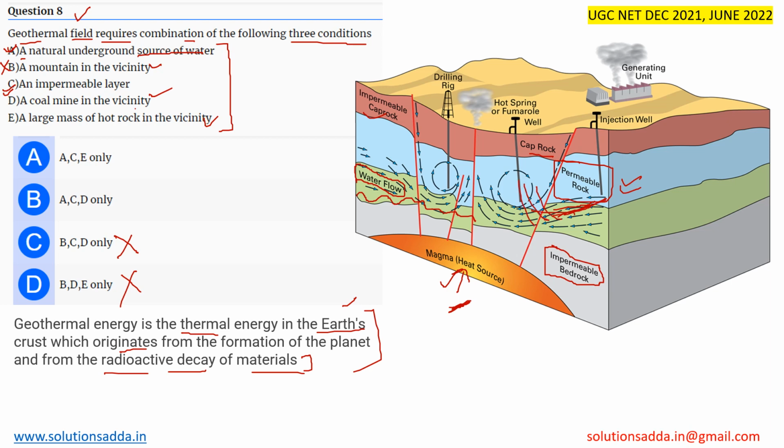So the water under the earth sits just below the rock, and the pores help the flow of water, so the water can pass through it. This is a very important aspect of the geothermal field which we must include.